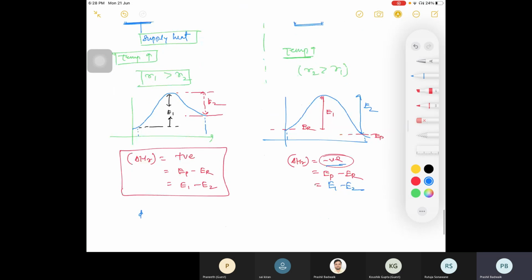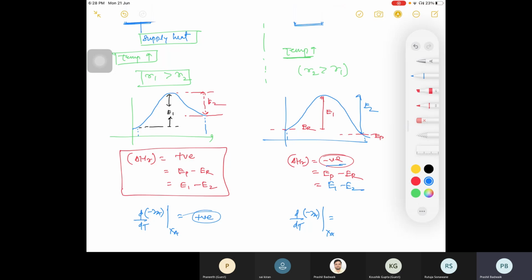So I'll write here d by dT of minus Ra at fixed conversion is positive or negative, and here also you tell me. I hope you are getting it. Any doubt here? In the first case, rate is increasing with temperature, and it is positive. Okay.